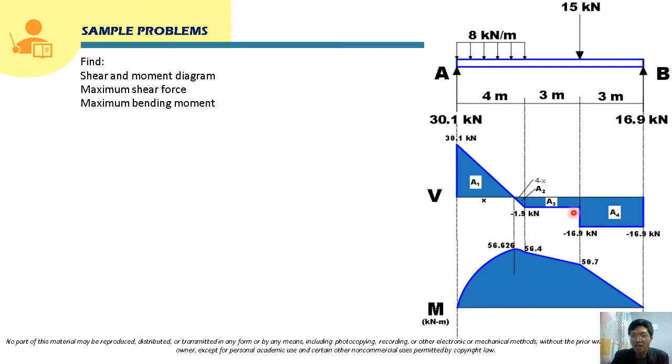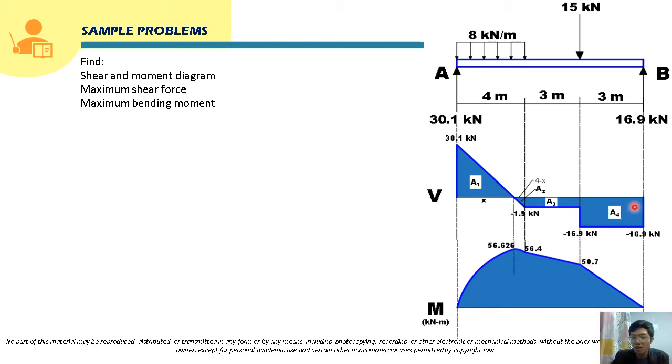Now at a distance of 7 meters from the left, at this point, the computed moment is 50.7. Since this is a little bit lower than these values, it will be plotted a little bit lower also, so 50.7 is somewhere here.